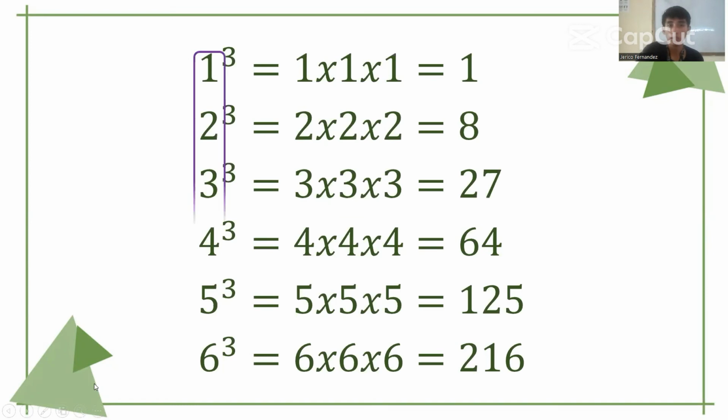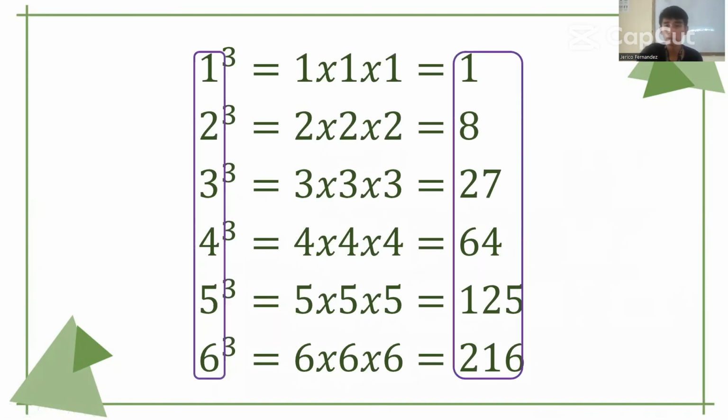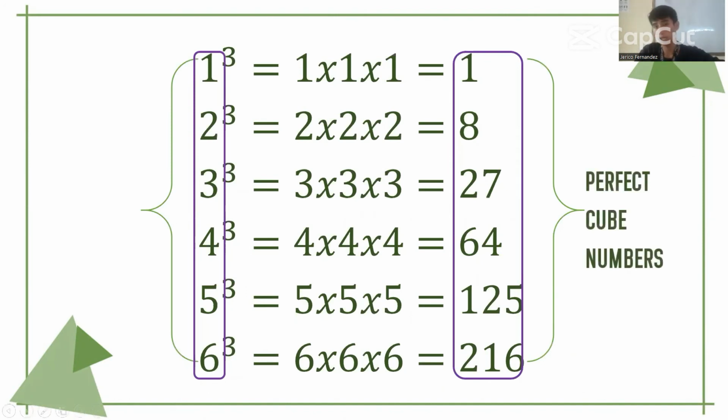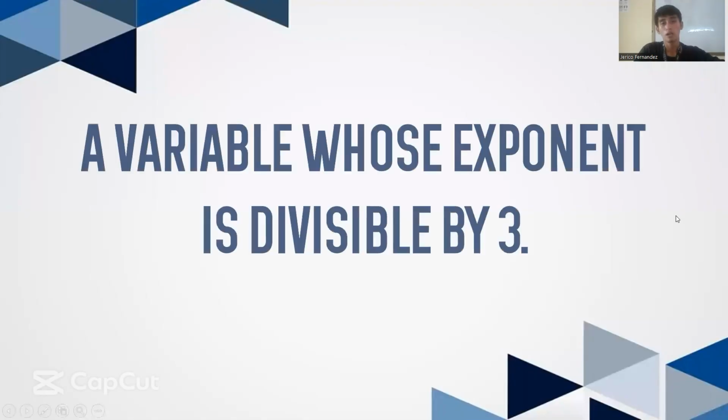So, ito at ito, nasa kanan ay perfect cube numbers. And then, sa nasa kaliwa, cube roots. Okay po, they are the base na pinagmumultiply dalawang beses to get the perfect cube numbers.